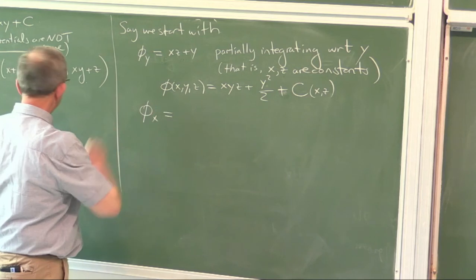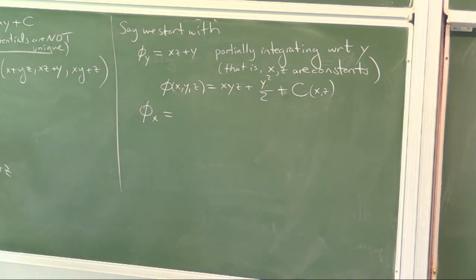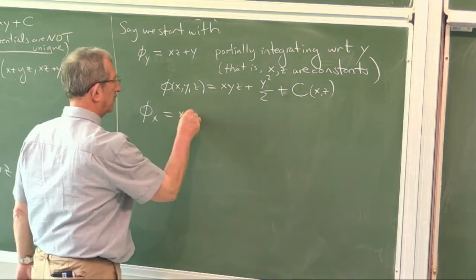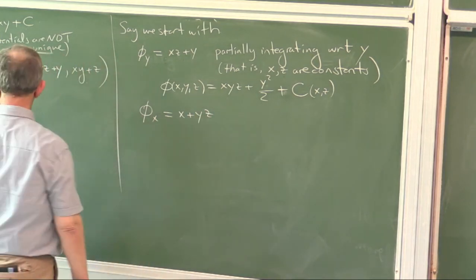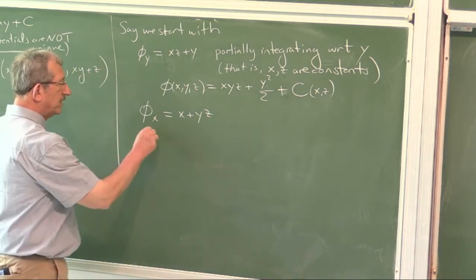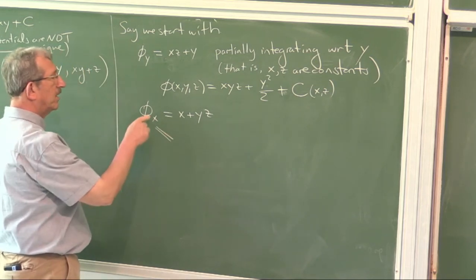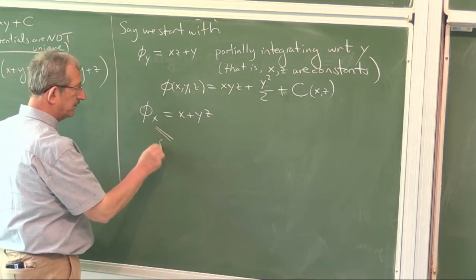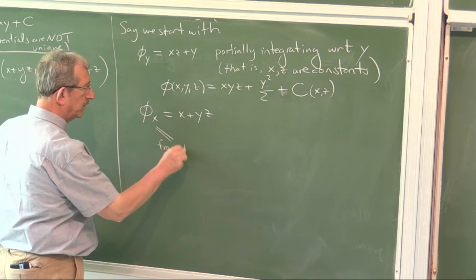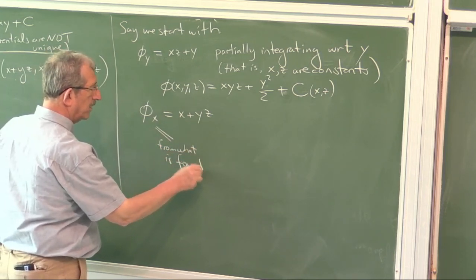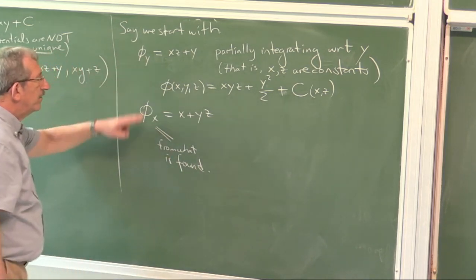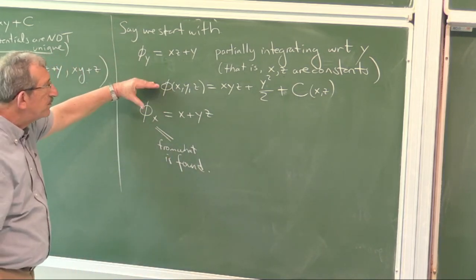Well, phi sub x was x plus yz, okay, because it's P. But at the same time, this is, from what is found, the derivative of phi with respect to x.